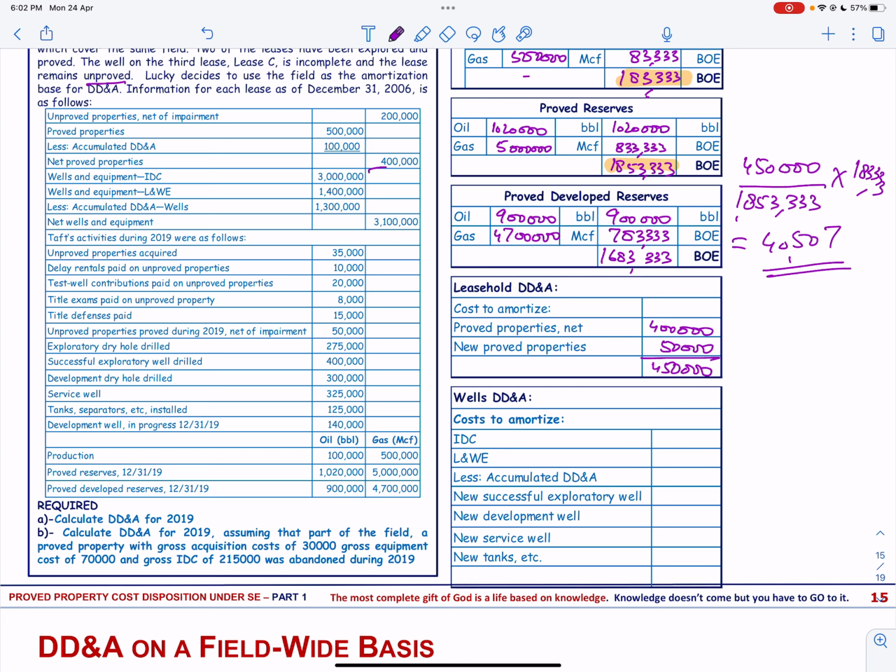We have the lease and well equipment 1,400,000, and then we have to subtract the accumulated depreciation 1,300,000, and then we have the new successful, we are going to take only the proved, so the proved is 400,000.